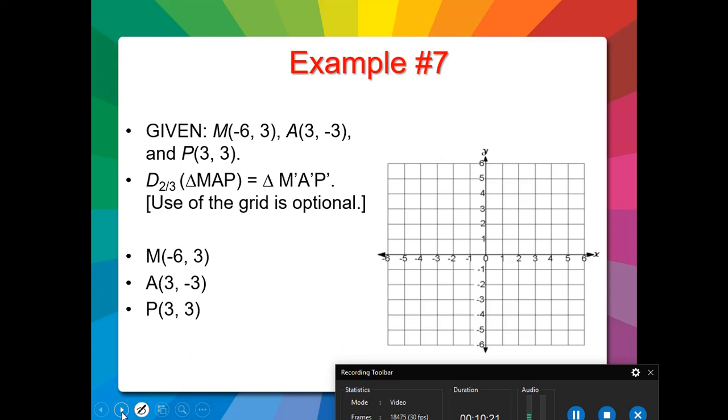Typically, when you're multiplying by a scale factor that's fractional, the points tend to work out really well so that you won't be in between blocks. So for M prime, A prime, and P prime. And there's my dilation rule right above the mapping.